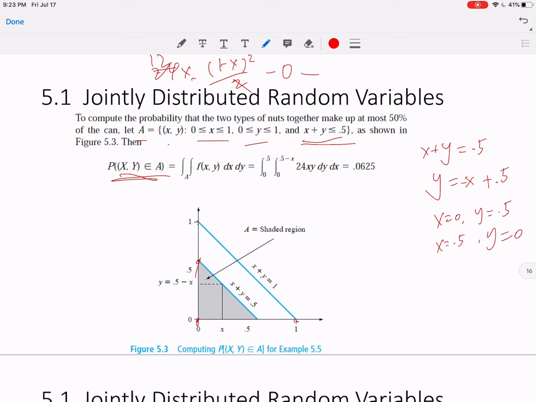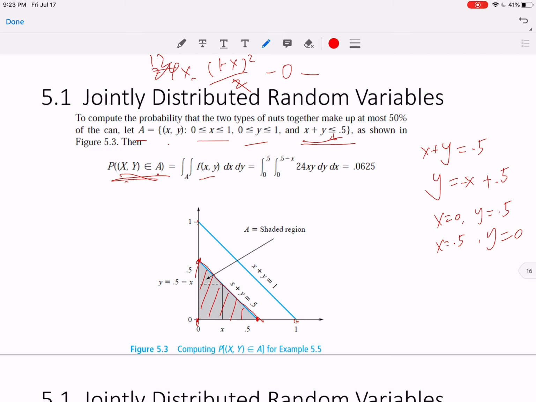So which is this point and this point. Once we draw this line and we have a less than or equal to over here, we shade down. So this shaded area is the region we're looking for. If we want to find the probability that x and y are in this region, we just need to integrate the joint PDF over this region here, right?